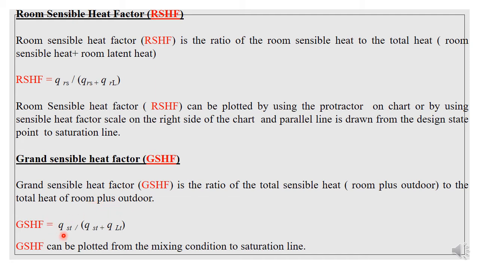So basically GSHF is equal to the total sensible heat divided by the sum of the total sensible heat plus the total latent heat, and it can be plotted from the mixing condition to the saturation line.